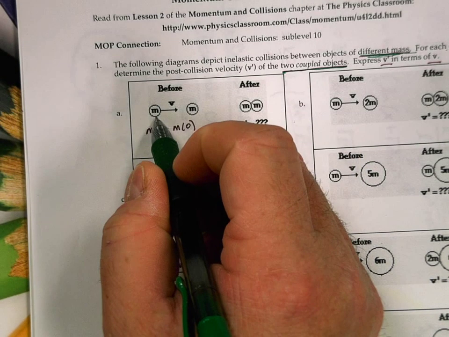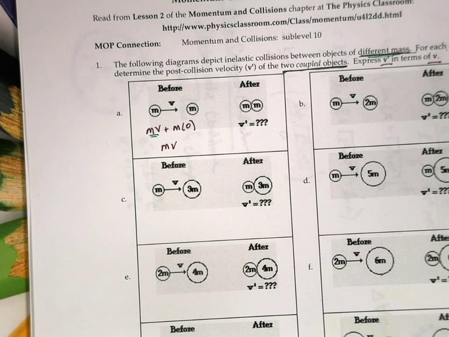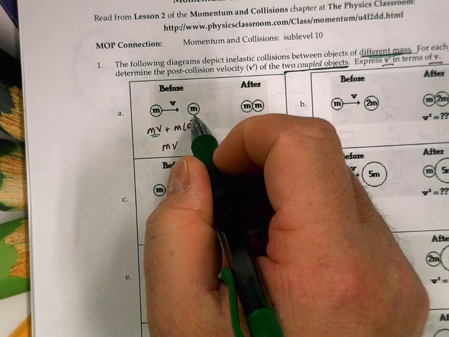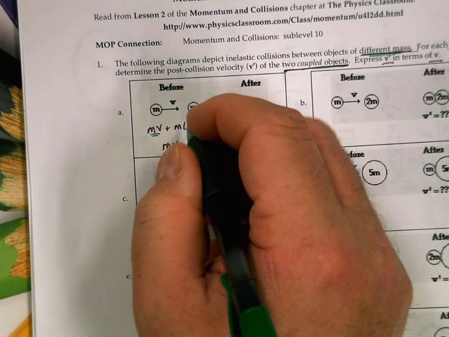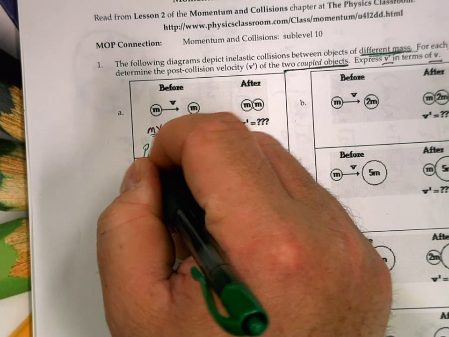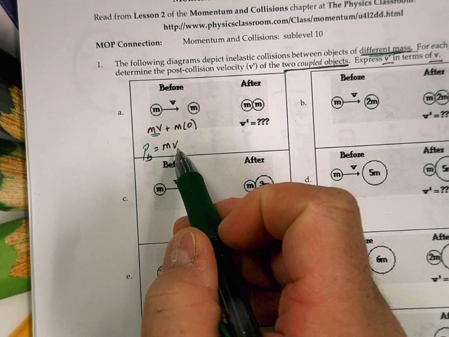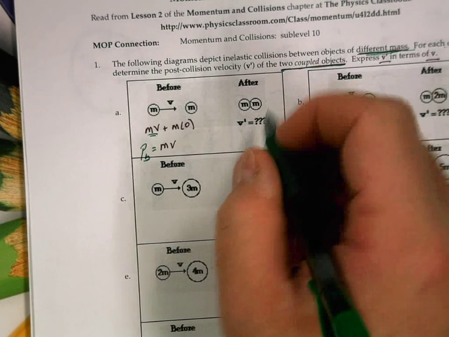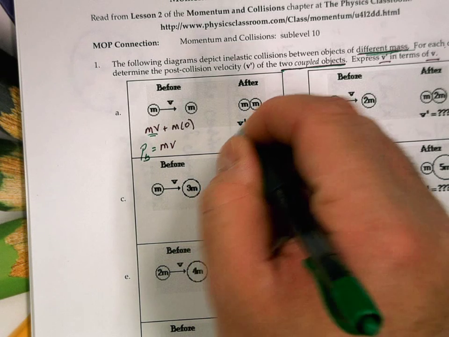if this mass m is traveling v, it's going to have a momentum of mv, right? And it hits something else also mass m, but it doesn't have any momentum. So the total momentum before equals mv. Well, our momentum after is going to be 2m, right?